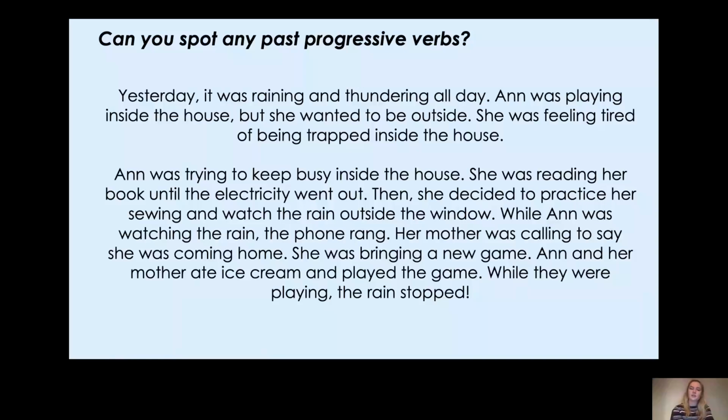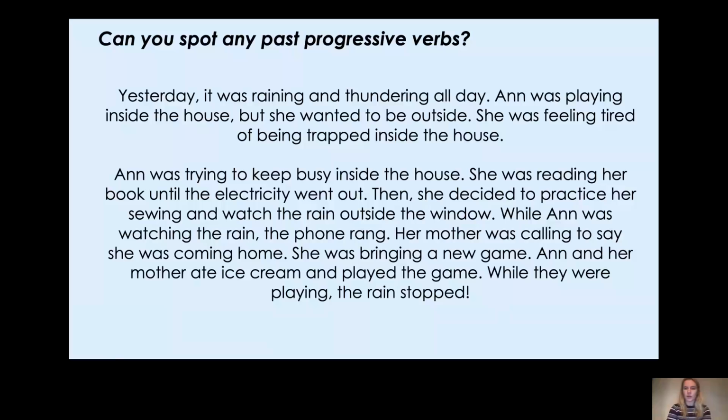She was feeling tired of being trapped inside the house. Okay, so we are looking for past progressive verbs. Now remember, he was running, they were reading, the phone was ringing. Seems to be a pattern here, so let's see if we can find it in our little story.